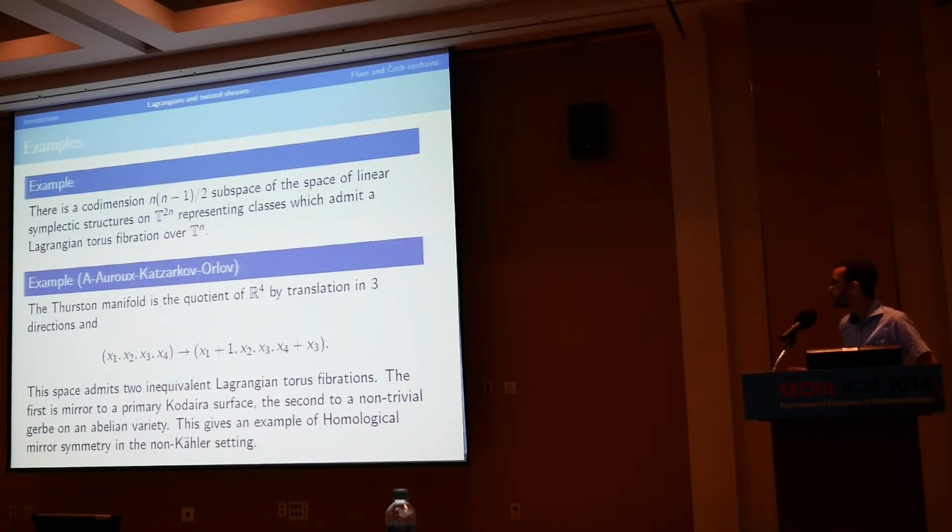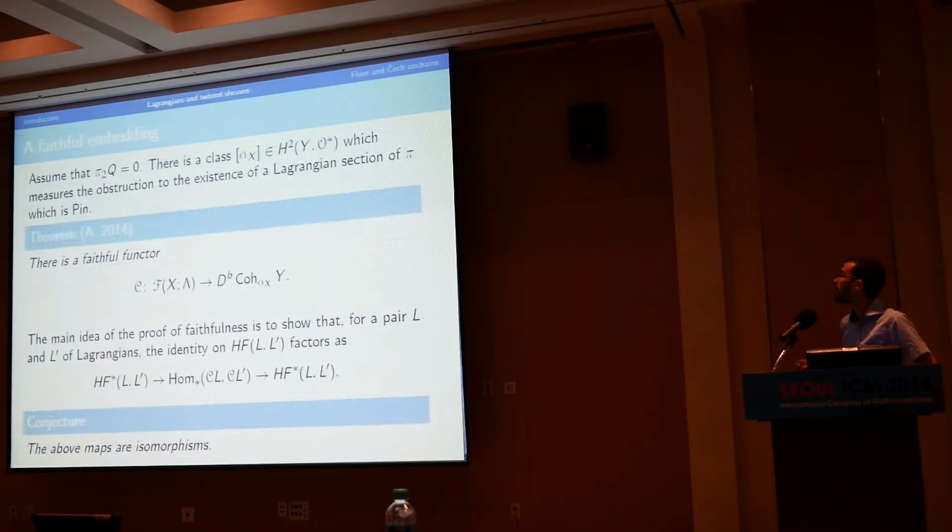So there's some non-trivial gerbe, whatever that is, I'll say a few words later, on this abelian variety. And so this twisted variety is supposed to be your actual mirror. So not only do we get an example of mirror symmetry in the non-Kähler setting, we also get an example of the fact that manifolds don't have single mirrors, that you can get many of them appearing by different Lagrangian torus fibrations.